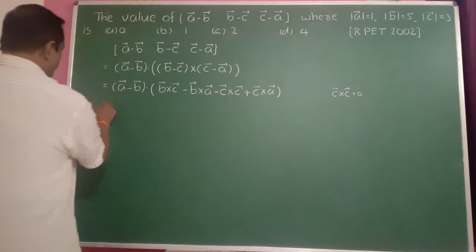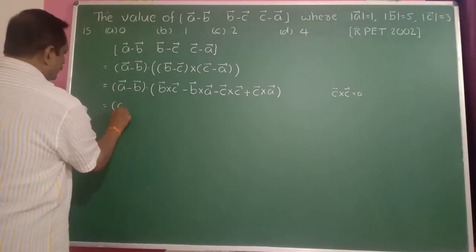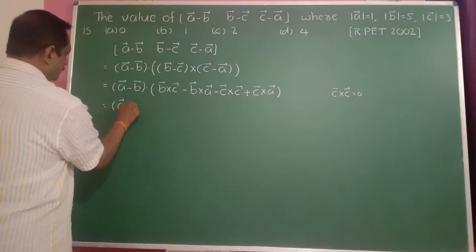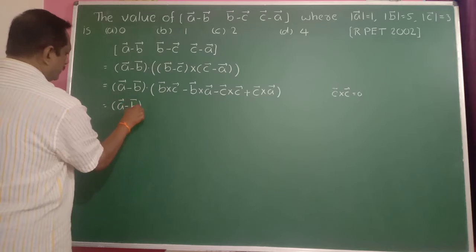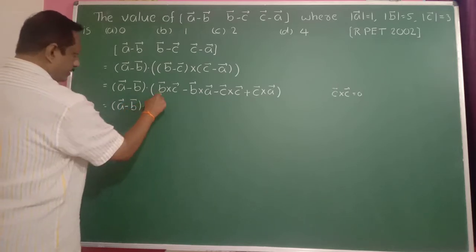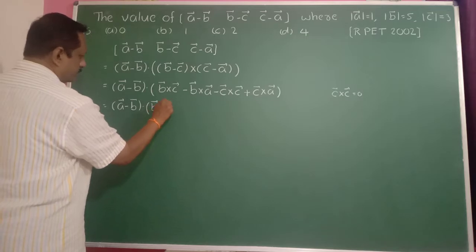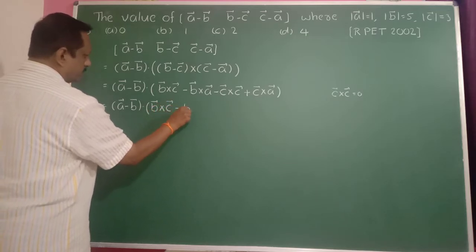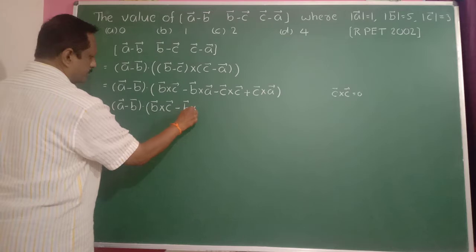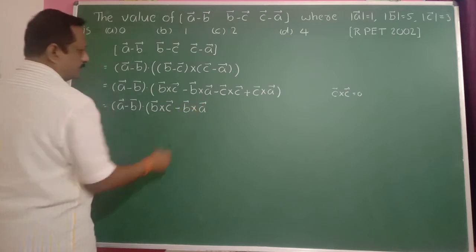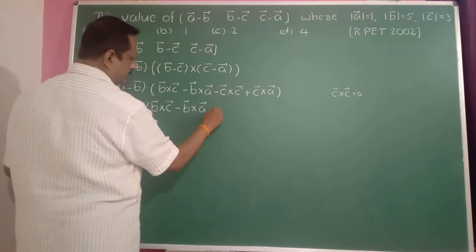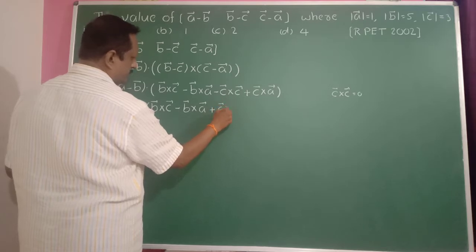Hence this is equal to (a bar minus b bar) dot (b bar cross c bar minus b bar cross a bar plus c bar cross a bar).